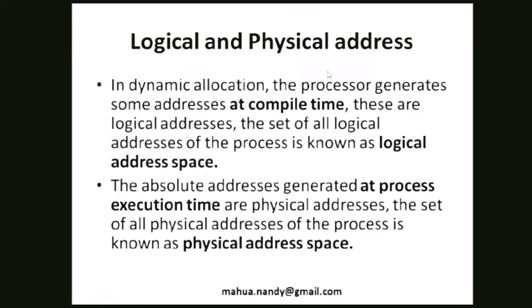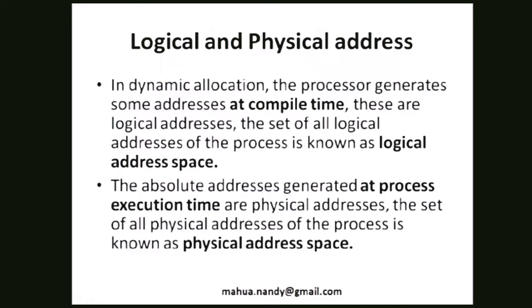Regarding logical and physical address. Since in dynamic allocation, the location of the process is not known at compile and load time, the processor at compile time generates some addresses known as logical addresses. The set of all logical addresses generated by the compilation of the process is known as logical address space.